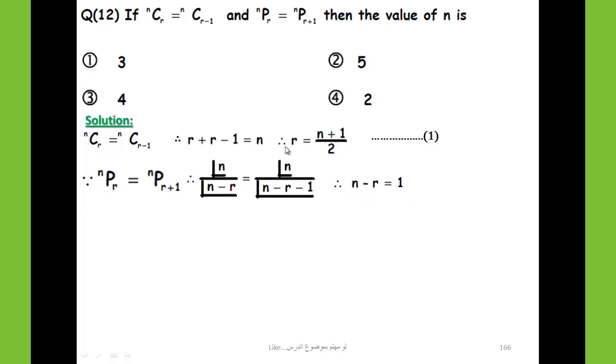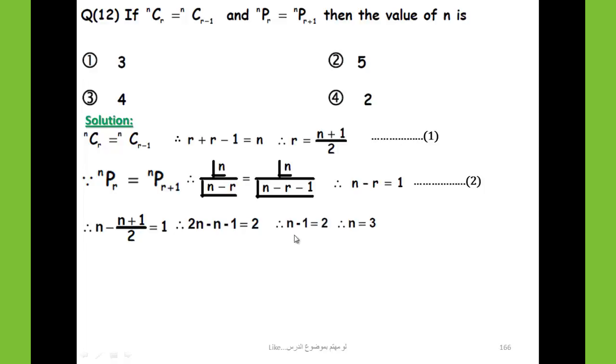But r equals n plus 1 over 2. So we can substitute from 1 and 2 by the value of r. What we get? We get n minus n plus 1 over 2 equals 1. Simplify it. Multiplying both sides by 2, we get 2n minus n minus 1 equals 1 multiplied 2 equals 2.